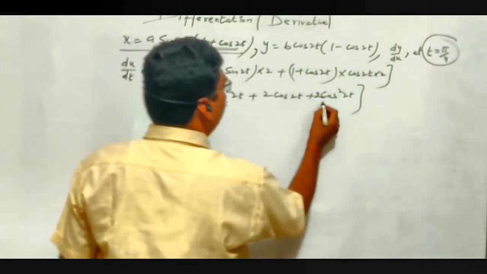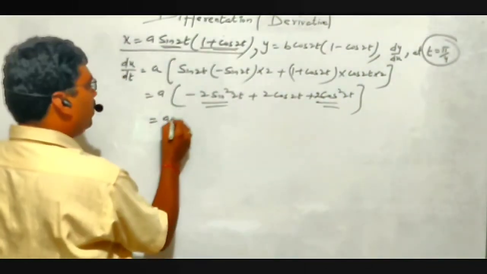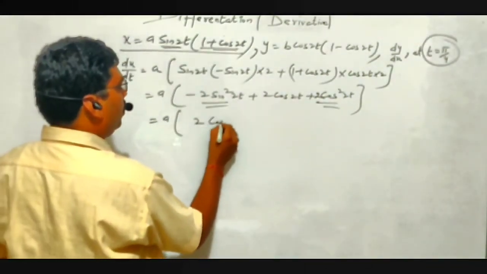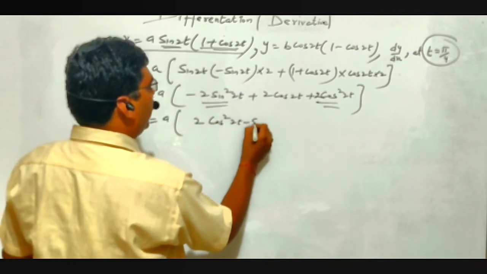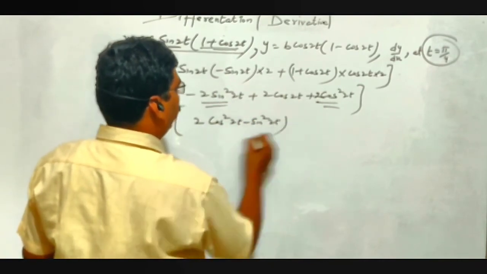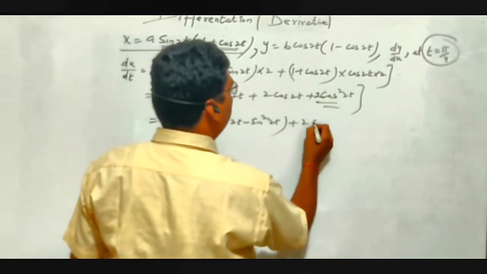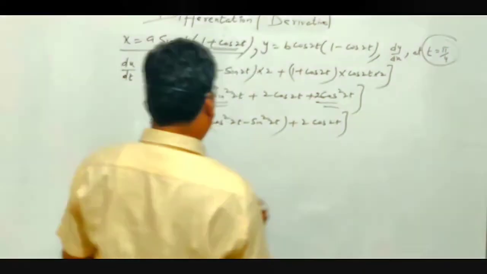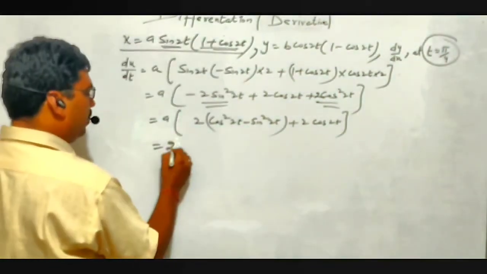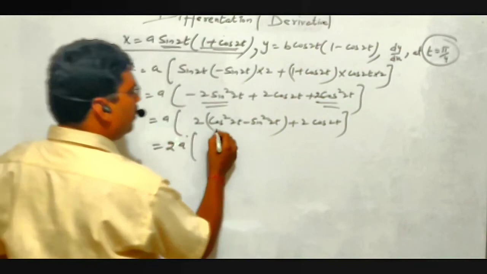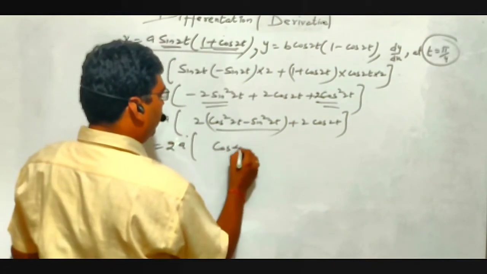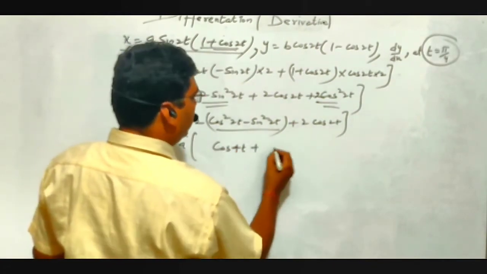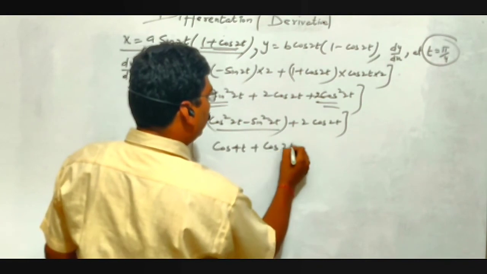In these two, what is common? 2. Cos square 2t minus sin square 2t plus 2 cos 2t. Now 2 is common. That becomes cos 4t and that becomes cos 2t.